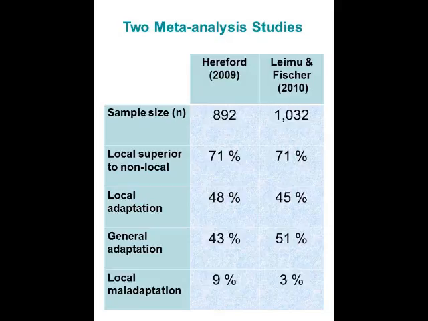But what both of these meta-analyses indicate is that the frequency of local adaptation, which I described on the previous slide, is very similar to the frequency of general adaptation. Okay? But there are much lesser levels of local maladaptation.